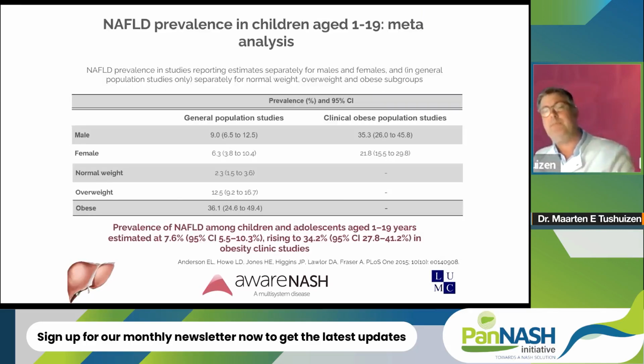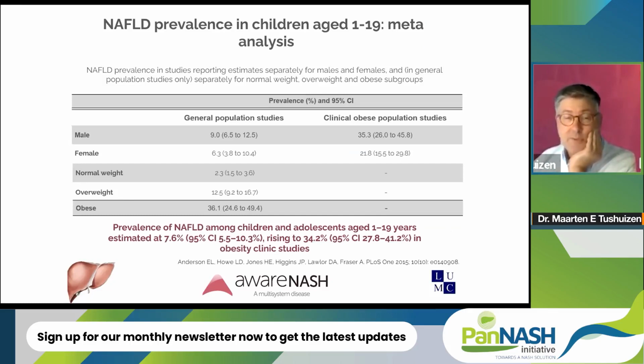Well, this is only the data from adults, but the prevalence in children is also astonishing, actually. In 2015, a meta-analysis calculated the pooled prevalence of NAFLD at around 8% from general population studies, but it rises to 35% in studies from pediatric obesity clinics.